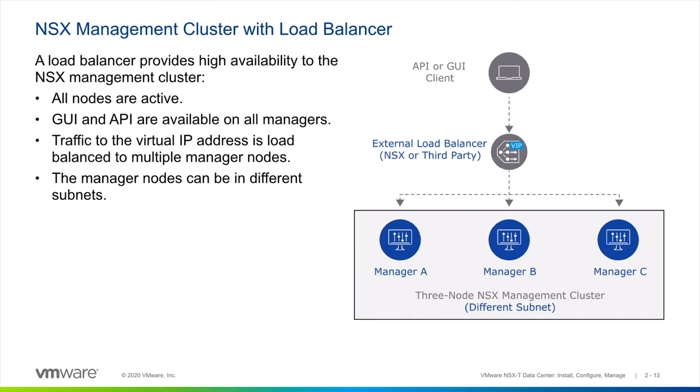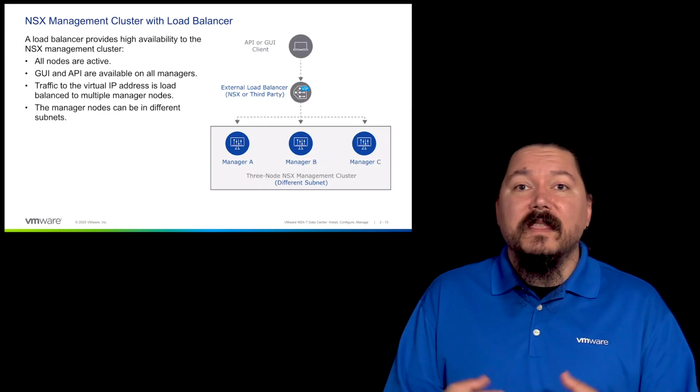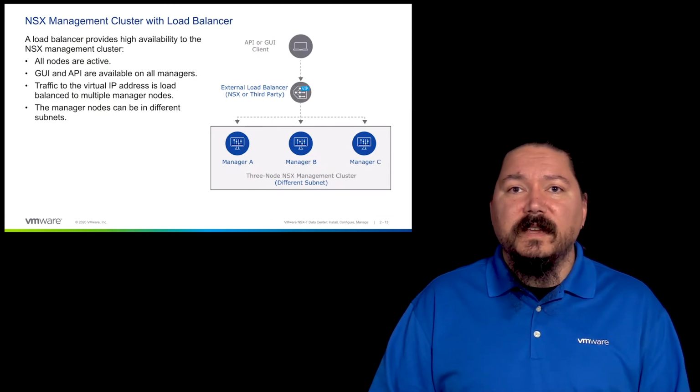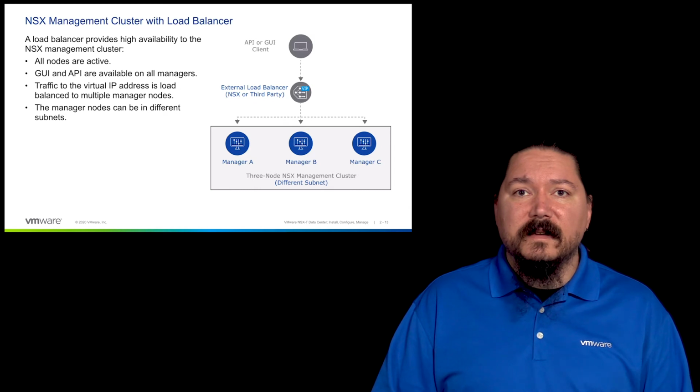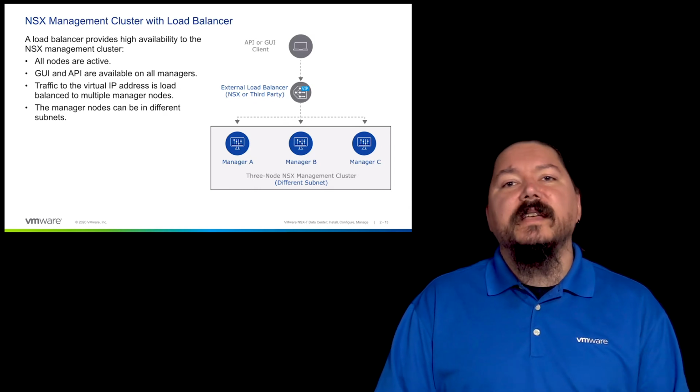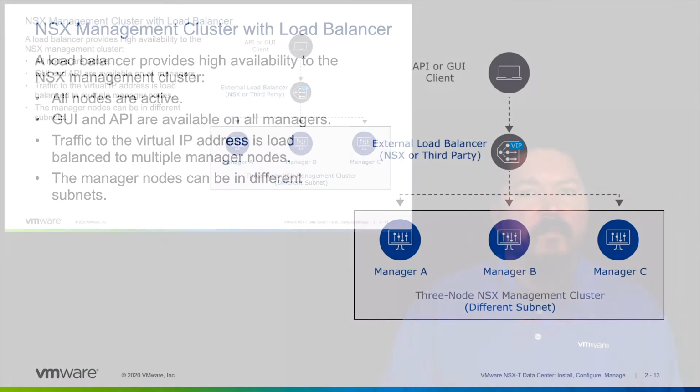For redundancy, I want one manager in one rack, another manager node in another rack, and a third manager node in a third rack. That's where this really comes into play. If I want to use all of my manager nodes from a common IP address, I simply need an external load balancer.